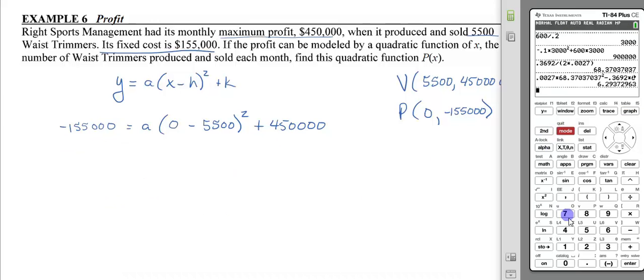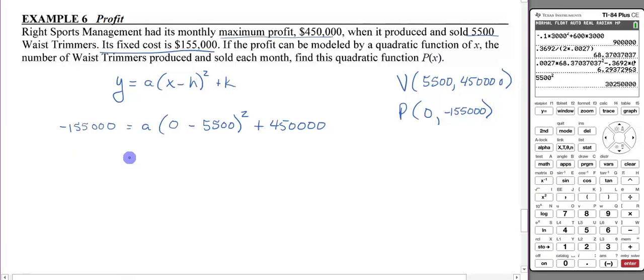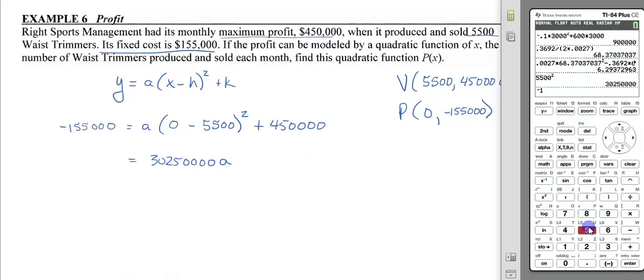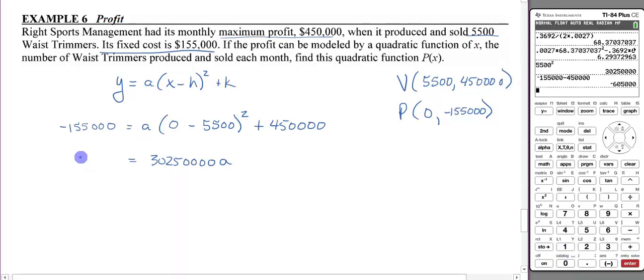Okay. And now we have this equation that we can solve for a. So let's go back here. 5,500 and squaring that. So I get that number a, and if I have a negative 155,000 and I subtract 450,000, that gives me a negative 605,000.